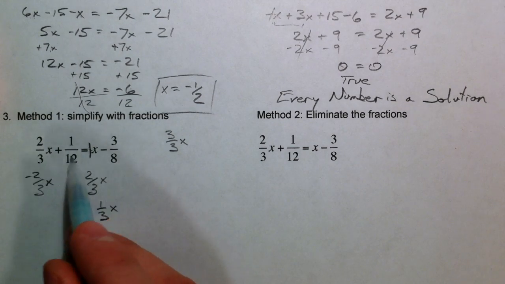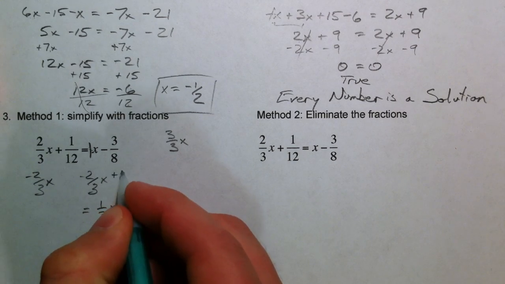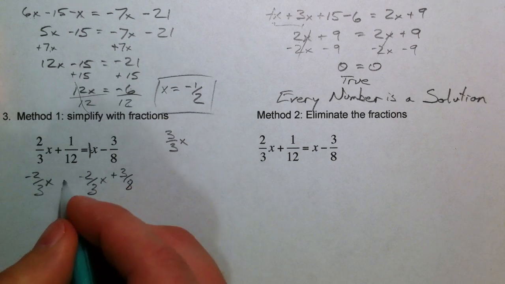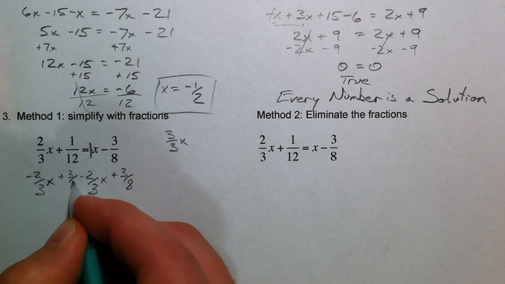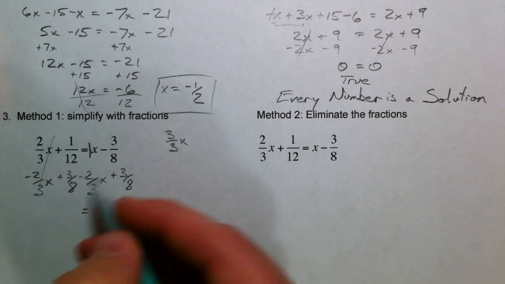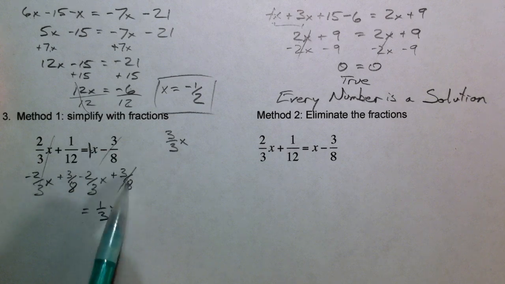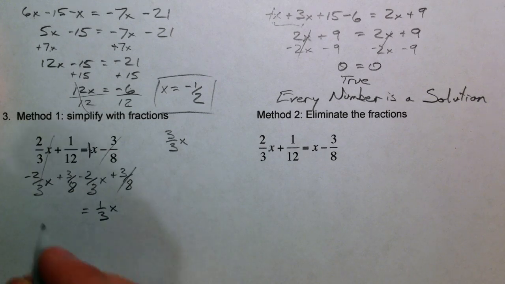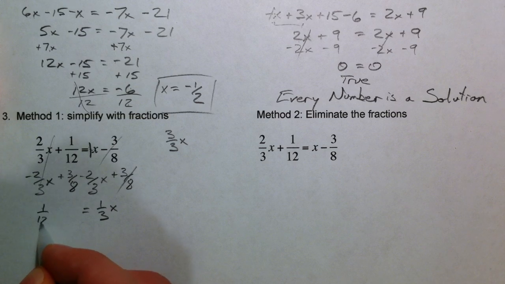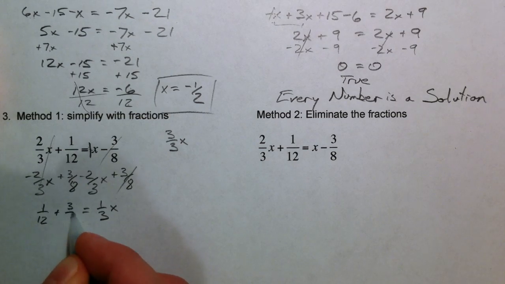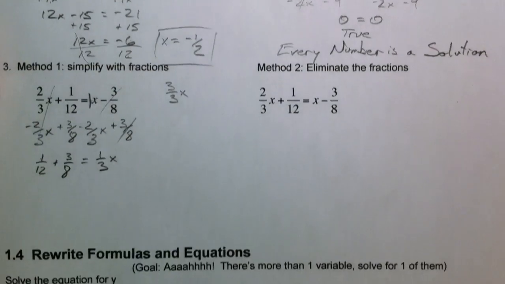And so then to get the 3/8 on the other side, I'm going to add 3/8 to both sides. Add 3/8. So that canceled out. This cancels out. The opposite of subtracting 3/8. So we have a 1/12 plus 3/8 on this side.